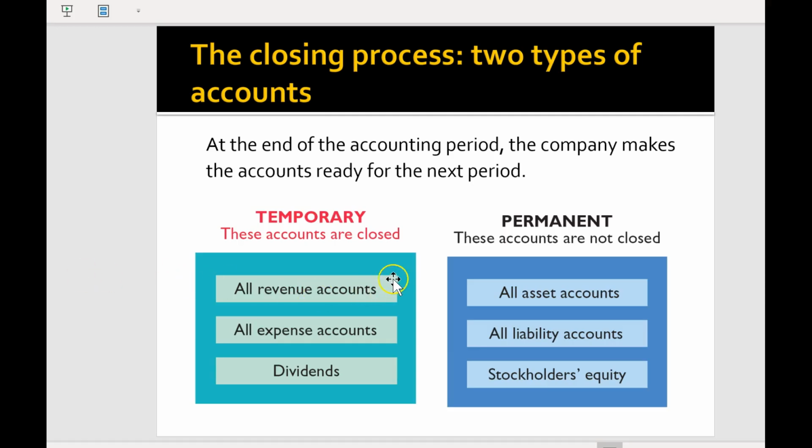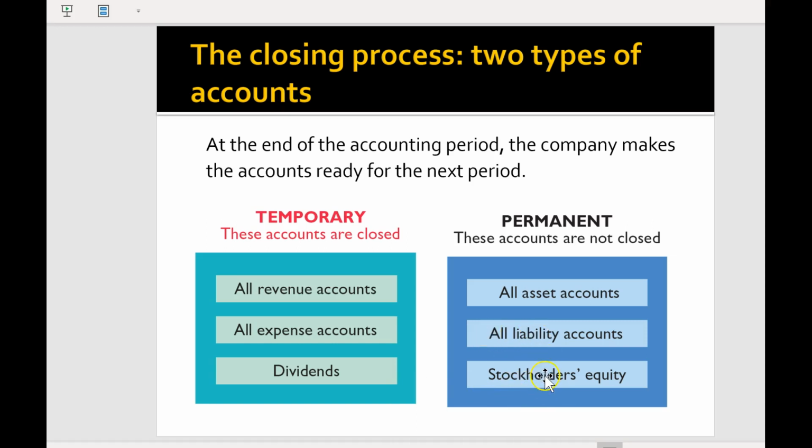We have seen all these temporary accounts. They are basically connected with the permanent account by the retained earnings account in the stockholders' equity category. So all our revenues, expenses, and dividends are closed to the retained earnings account, and the retained earnings account basically carries over all the performance that the manager made during the past, excluding the capital return, which is the dividend, to the investors.